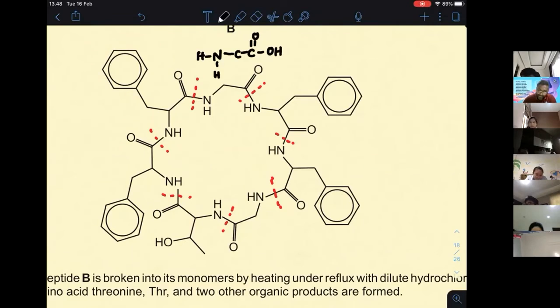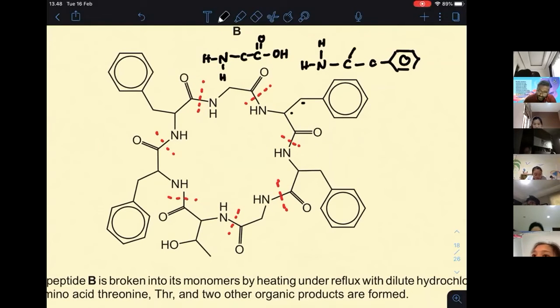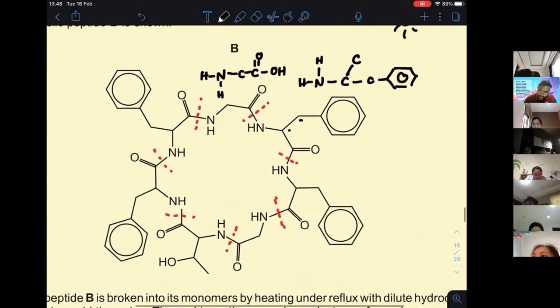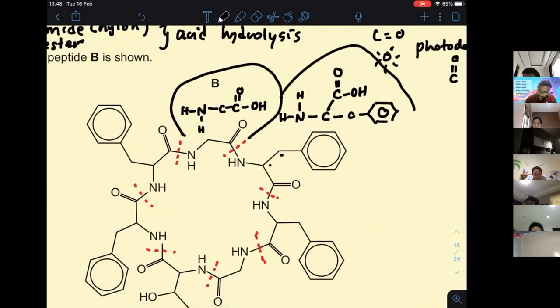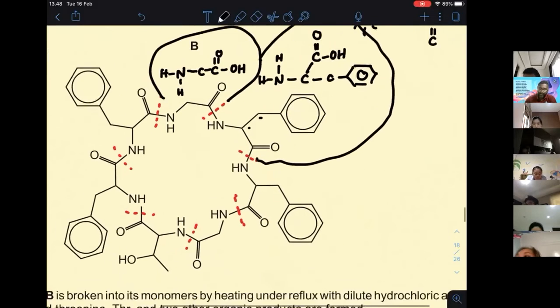For this structure, this is NH2, bonded to carbon, bonded to another carbon, bonded to a benzene group, and this carbon is also bonded to another carbon, C double bond O, and then this one will be OH.